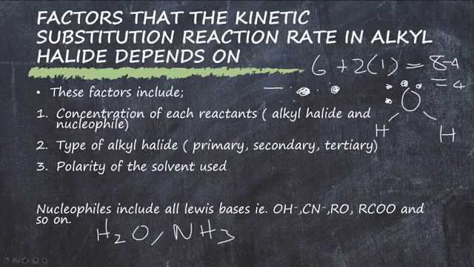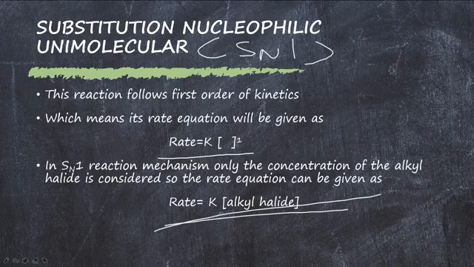Now, in SN1, only the alkyl halide is considered. The nucleophile is not considered. So this is the rate equation. We can put it raised to the power 1 if you're used to that. That's it.